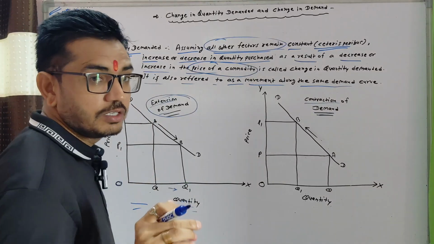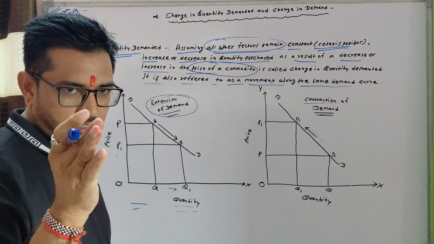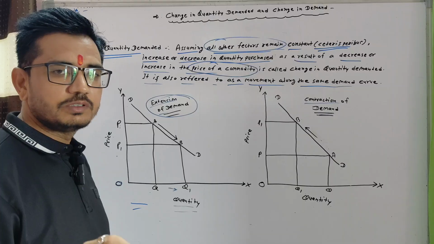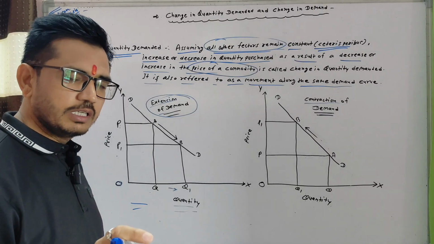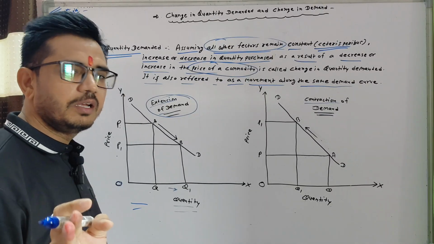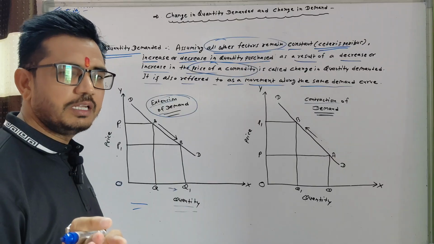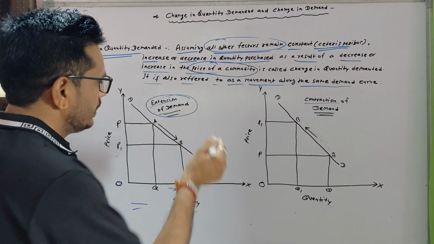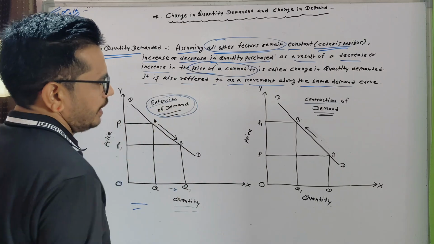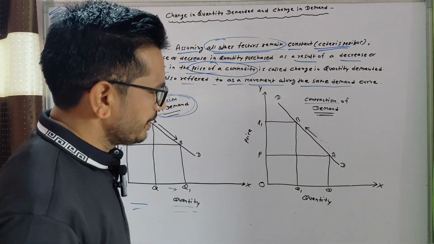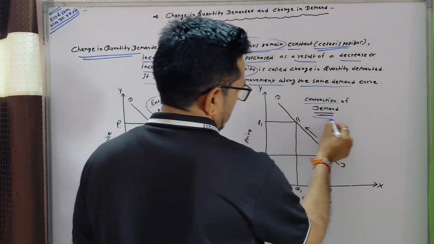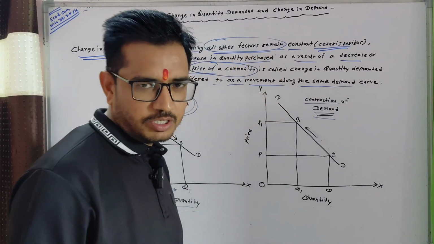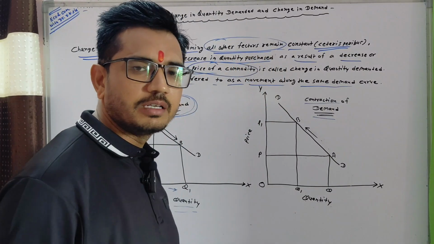If price goes down, then the quantity demanded will be increased. That is extension of demand. Contraction of demand is the opposite of extension of demand.